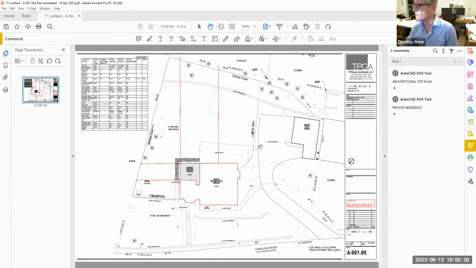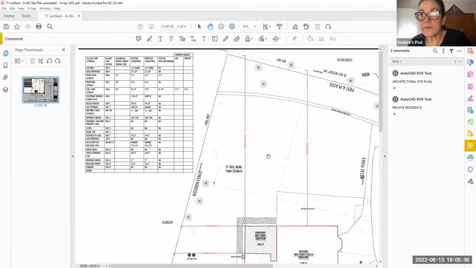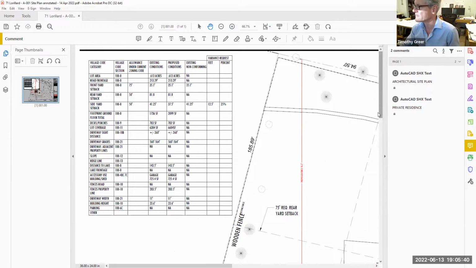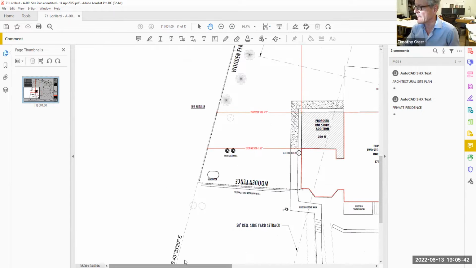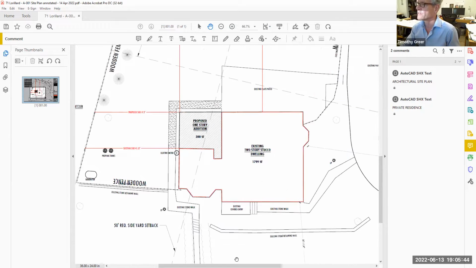Okay. So you can see on the site plan, the upper left-hand corner, right where the cursor is. Do you see that? Yes. I can enlarge that a little bit. And that is a one-story addition, and it's about 300 square feet.